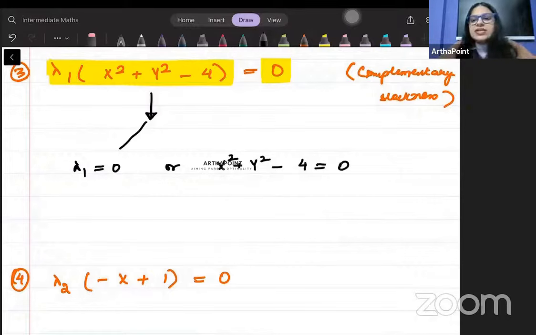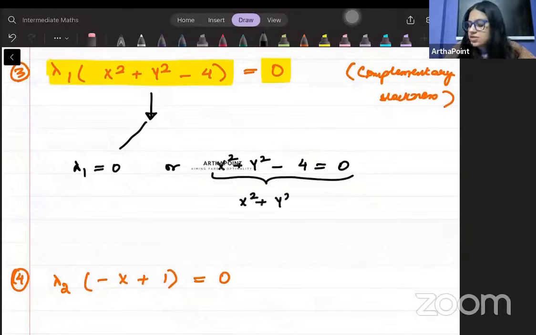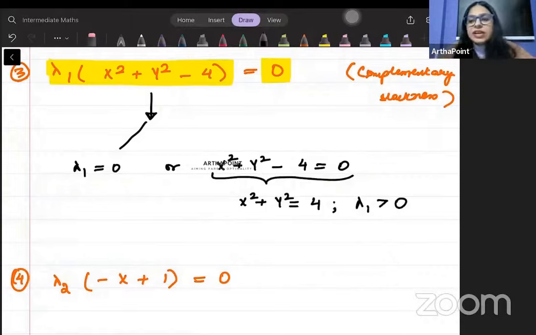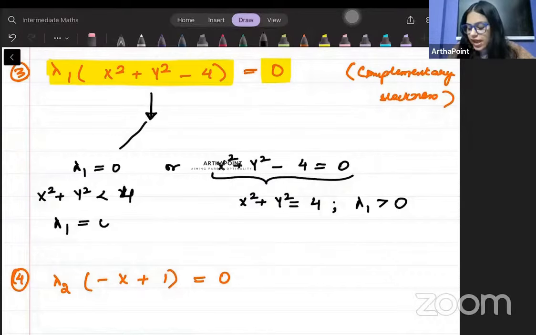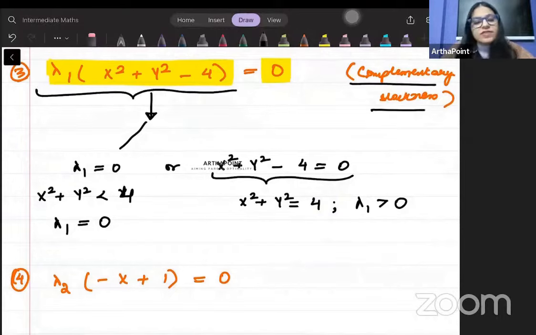So complementary slackness says that if you are meeting this constraint with equality, that is, exactly equal to 4, then your lambda 1 will be positive. But if you are not meeting this constraint with equality, that means x square plus y square is less than 4, then the value of the Lagrange multiplier will be equal to 0. This is the implication of complementary slackness, and we will be using this condition further.